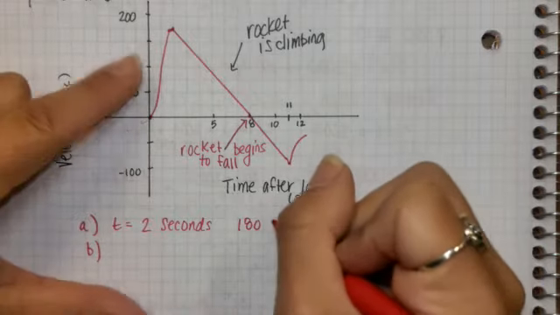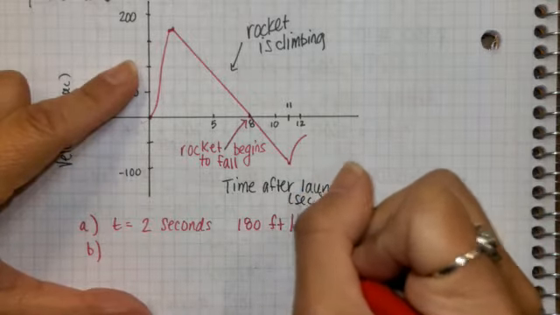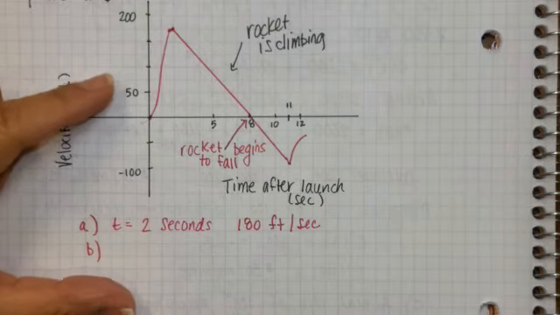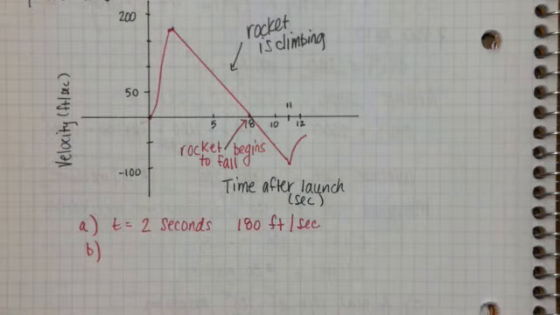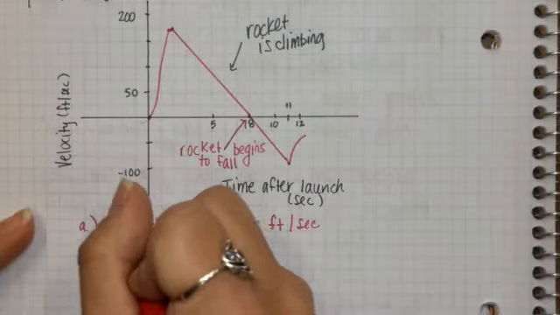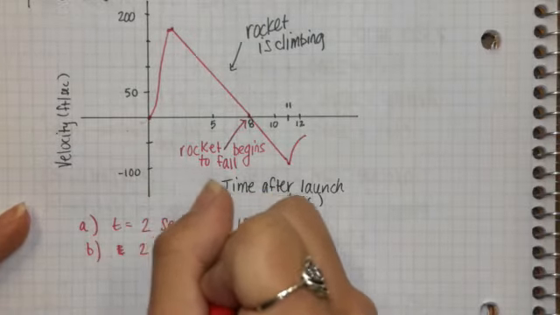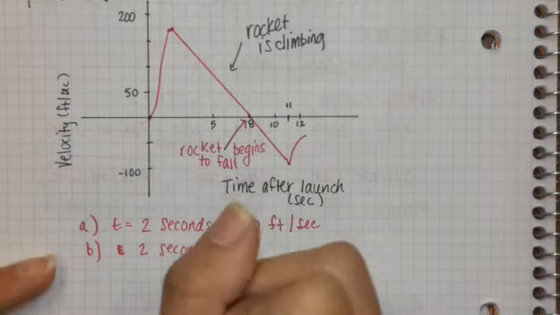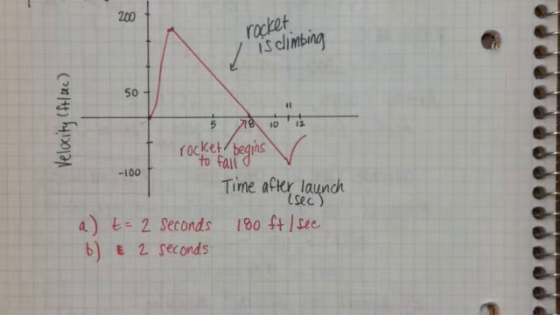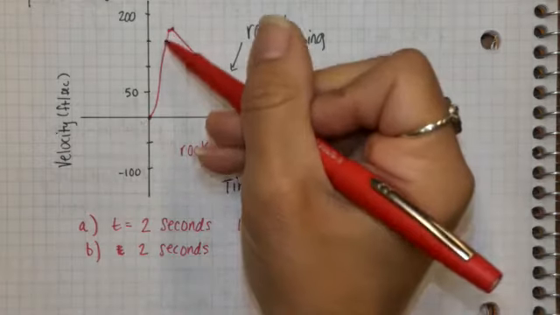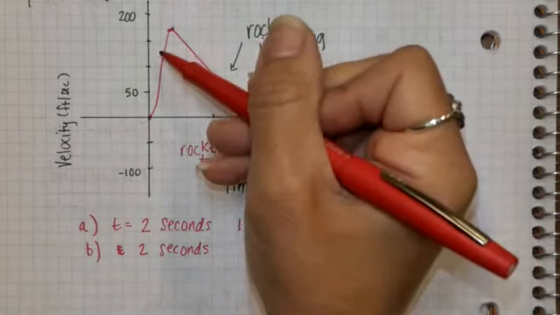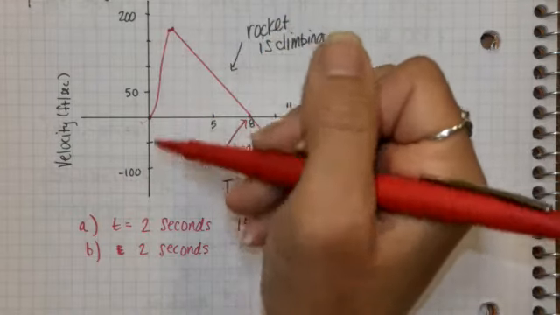So 180 feet per second. How many seconds did the engine burn? 2 seconds. Okay. So the rocket is accelerating upward. This is the propellant.